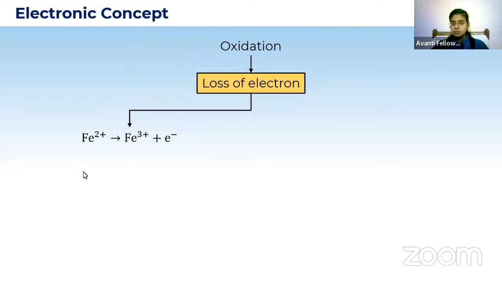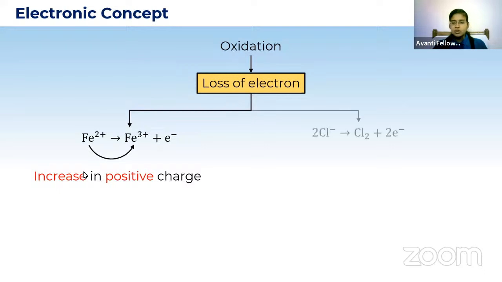So when iron loses one more electron, it is moving from +2 to +3 state, which is called oxidation. During oxidation by loss of electron, there is an increase in the positive charge, from +2 to +3 in this case. So if some electron is getting lost, then there will be an increase in the positive charge. It means that oxidation has taken place.